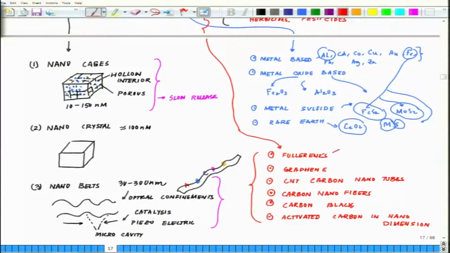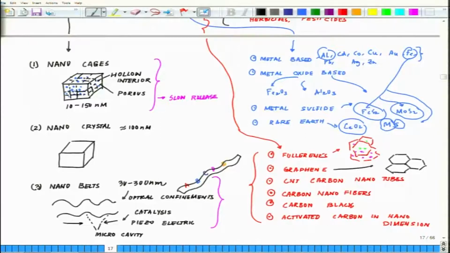When we talk about fullerene, we are talking about Buckminster fullerene. It is kind of a cage of carbon, something like a geodesic dome, a cage where you can entrap different kinds of moieties. Whereas if we talk about graphene, we are talking about a two-dimensional sheet of carbon arranged something like this.